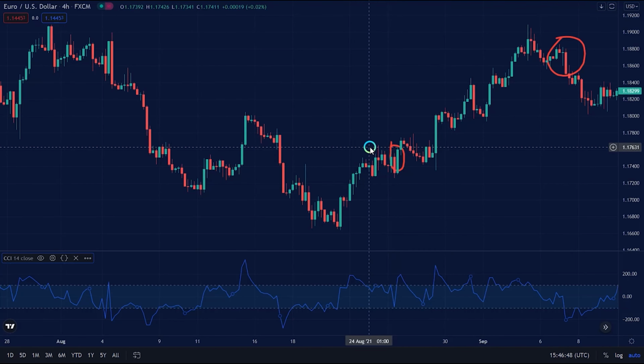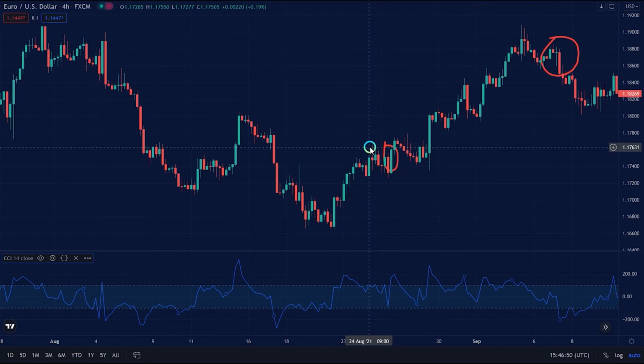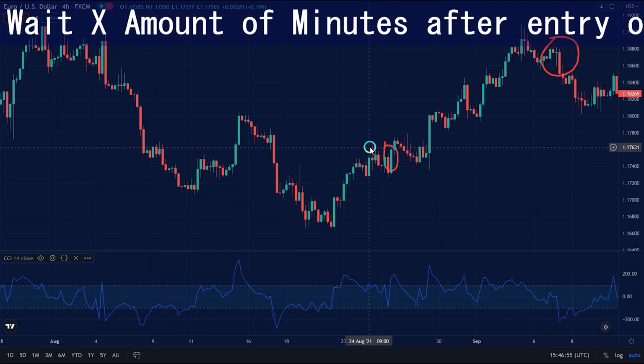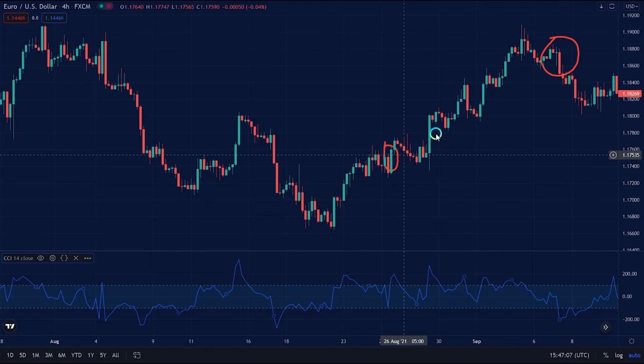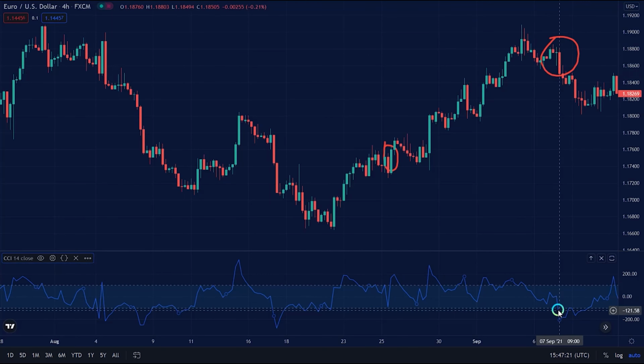So basically the filter is that you have to wait a certain amount of minutes after the entry of the trade. What does it mean? It means that, for example, here we enter the trade, and we enter the trade at a really good place, but if, let's say here, or here in a really close distance, we would have had the perfect exit crossover like here.